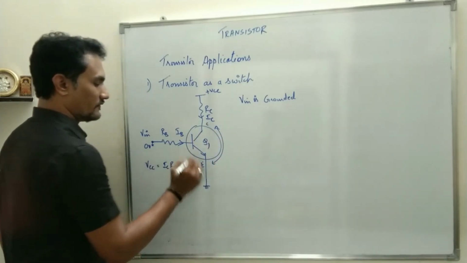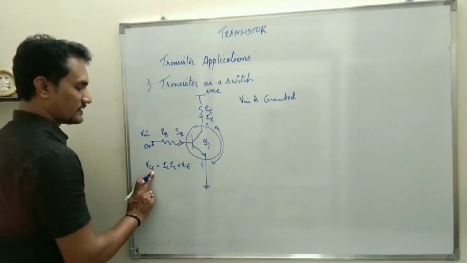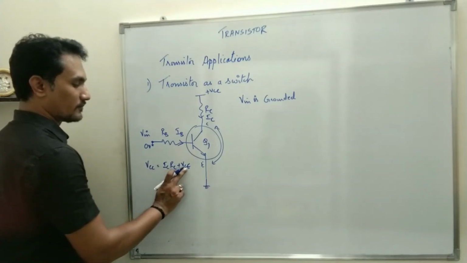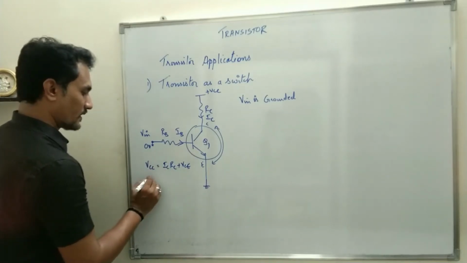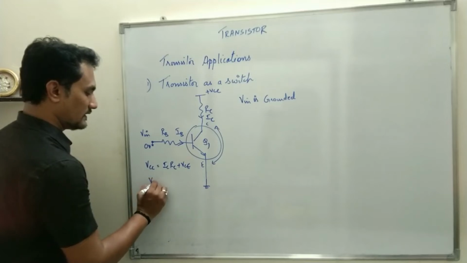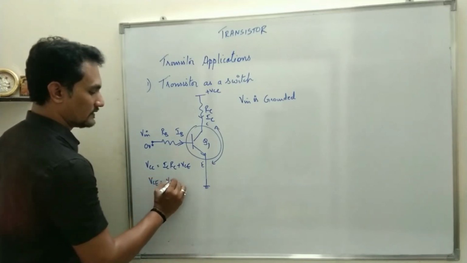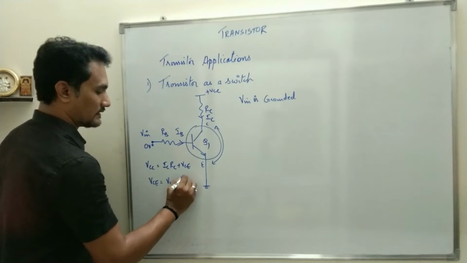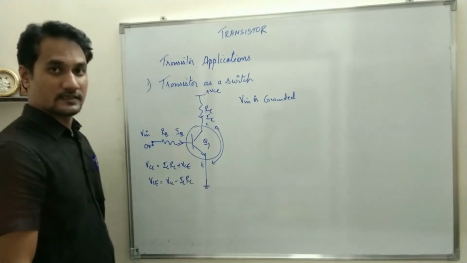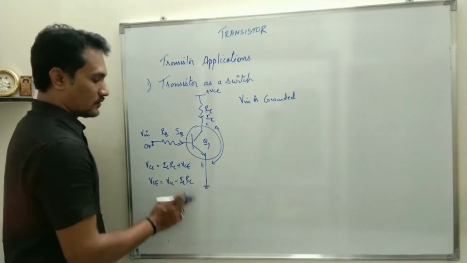Okay, VCC is equal to IC into RC plus VCE, and so VCE is equal to VCC minus IC into RC.